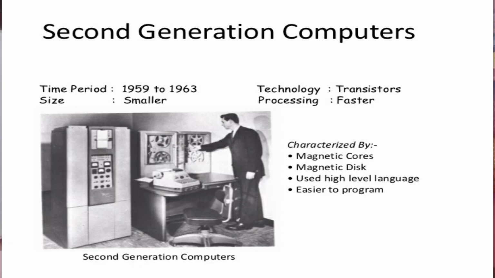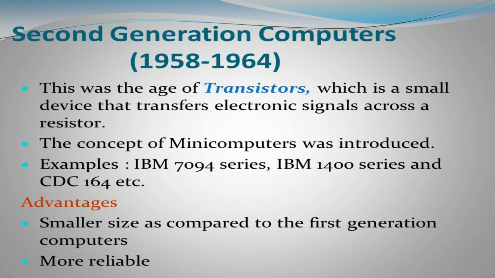Second generation started 1958 to 1964. The age of transistor. First generation used vacuum tube, but the second generation now started with the transistor, which is a small device that transfers electronic signal across a resistor. The concept of mini computer was introduced.